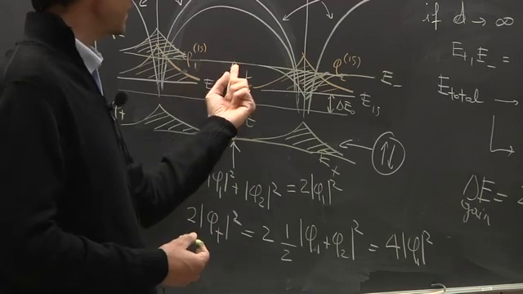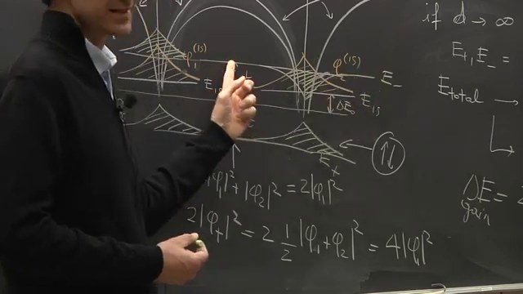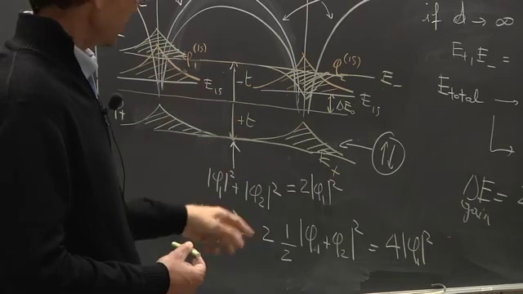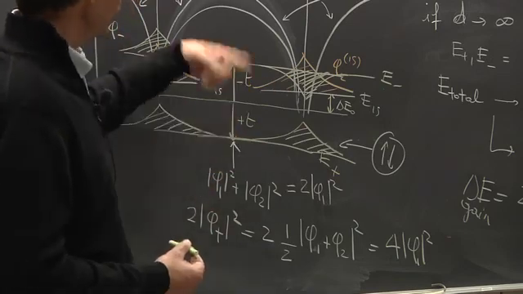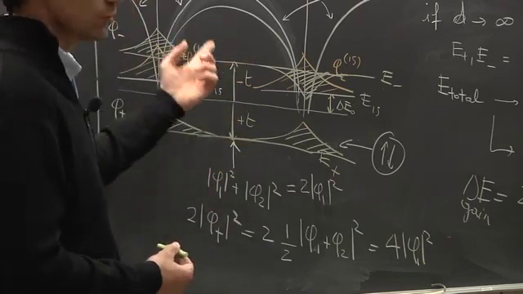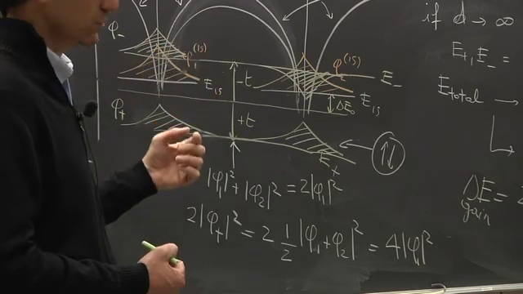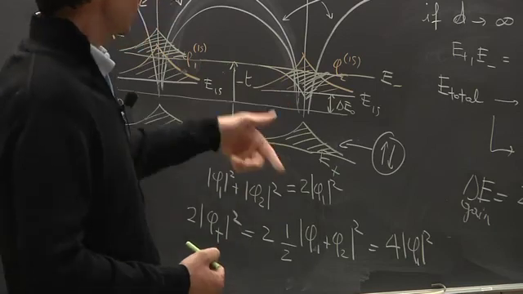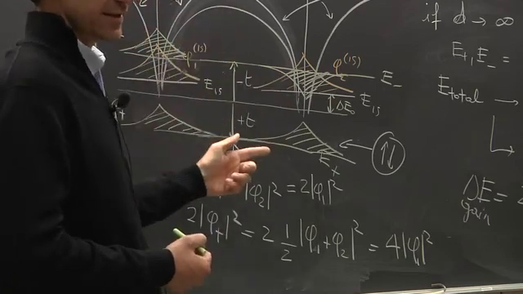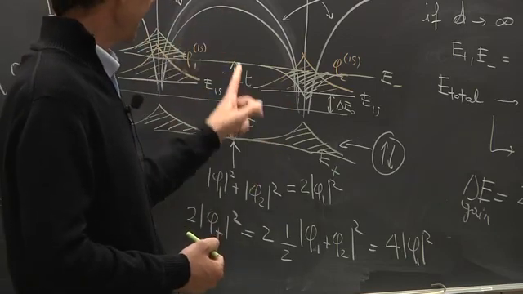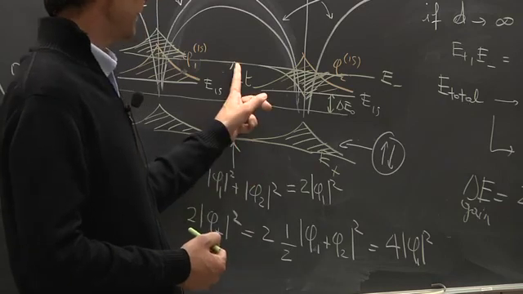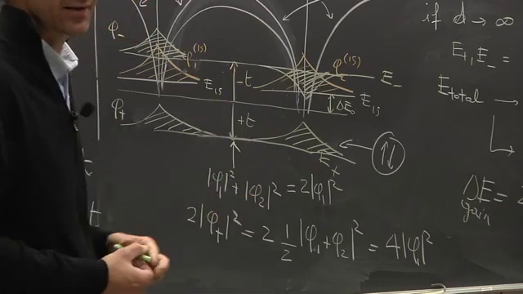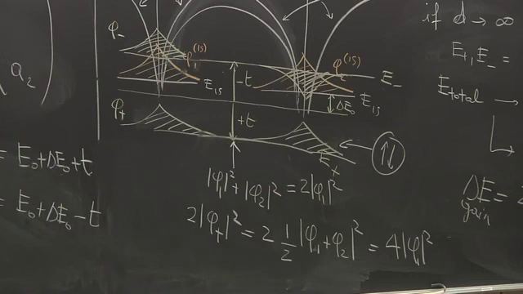So the charge density of phi minus here would be 0. So by building this linear combination of phi 1 plus phi 2 and phi 1 minus phi 2, I've been able to shuffle the density at the center and bring all the density here and zero the density in the phi minus state.